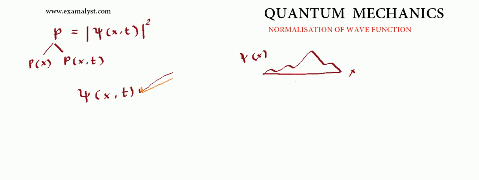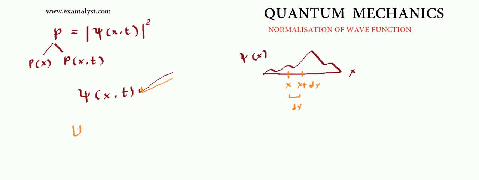Now if I ask you what is the probability of finding a particle between x and x plus dx, so if you are asked to find the probability in a particular region, what is this region? This particular region is dx, from x to x plus dx.